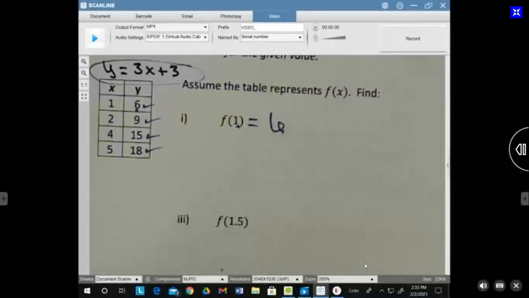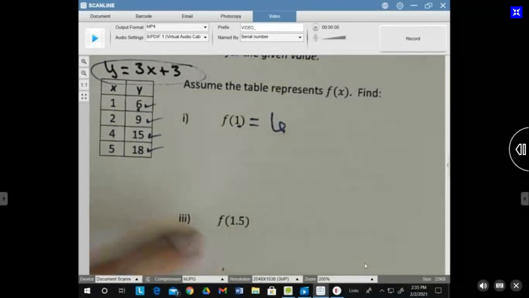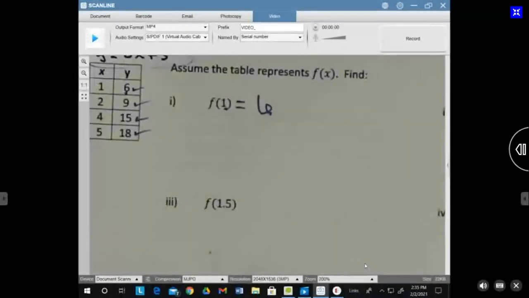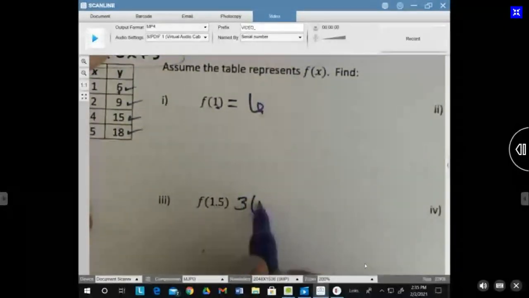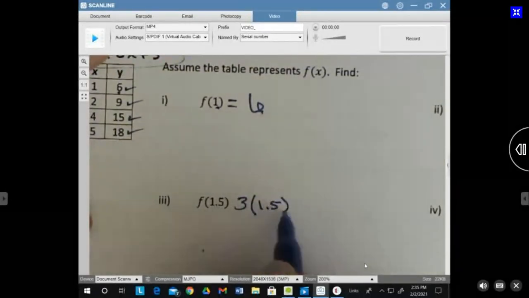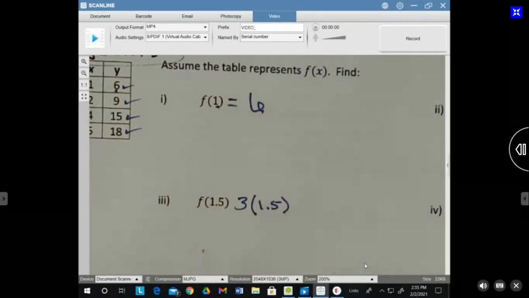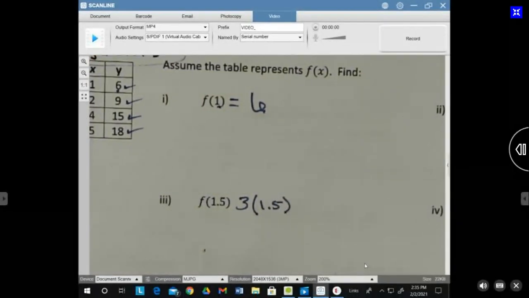So now I need to know what's 3 times f of 1.5. What's 3 times 1? Okay, so I got a 3 over here. What's 3 times 0.5?